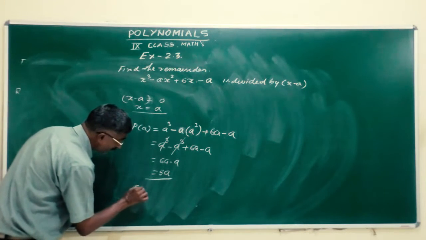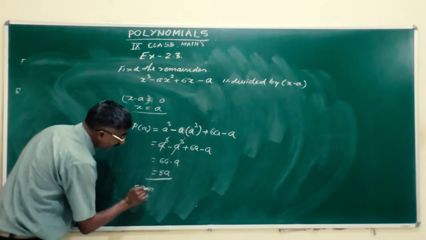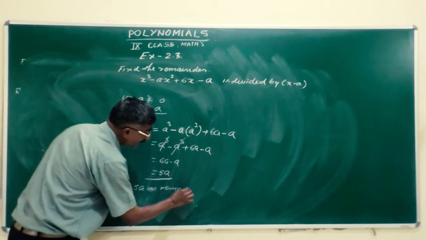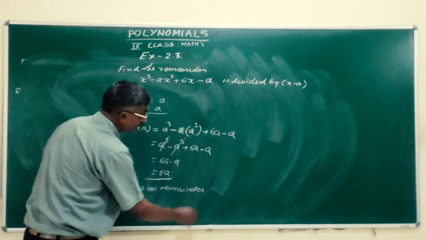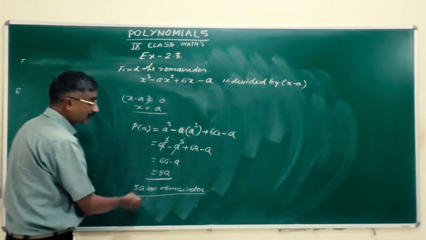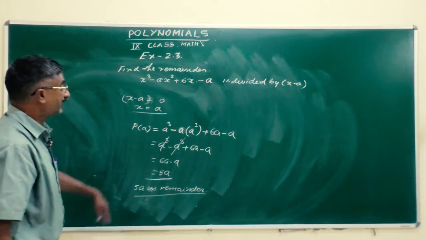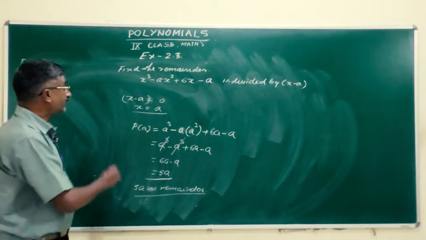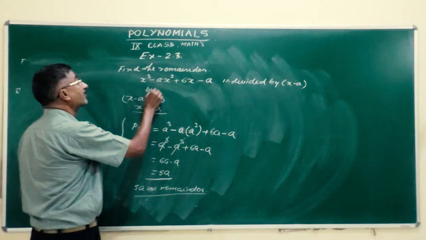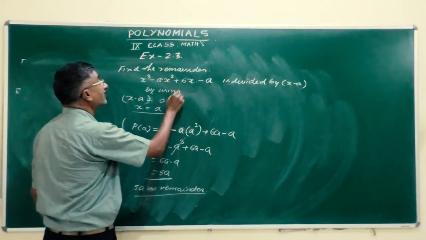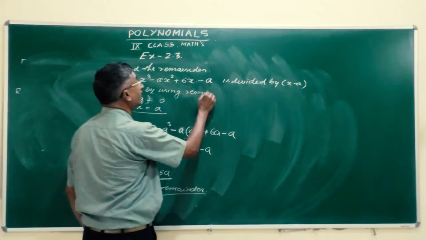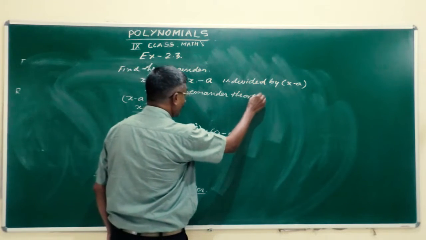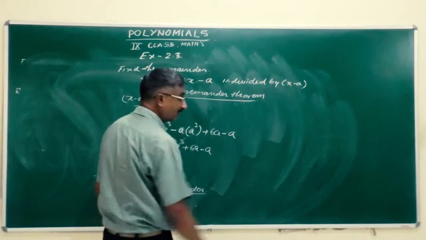So 5a is the remainder. Clear? 5a is the remainder when this polynomial is divided by x minus a. We are using the remainder theorem.